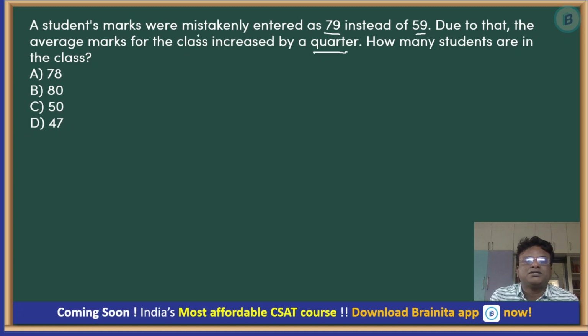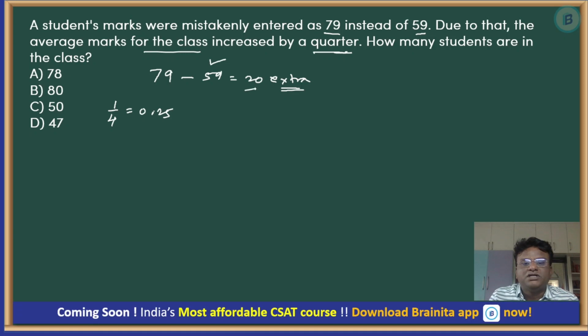So see what is told here. The marks were mistakenly entered as 79 instead of 59. So 79 was entered, 59 was correct. That means 79 minus 59, 20 extra marks were counted, right? For this student, 20 extra marks were counted, and due to that, the average marks for the entire class increased by a quarter. Now we know that a quarter is 1 by 4, that is nothing but 0.25.